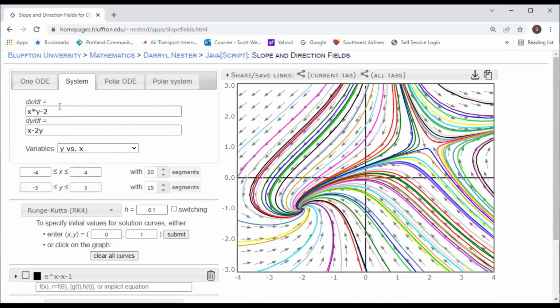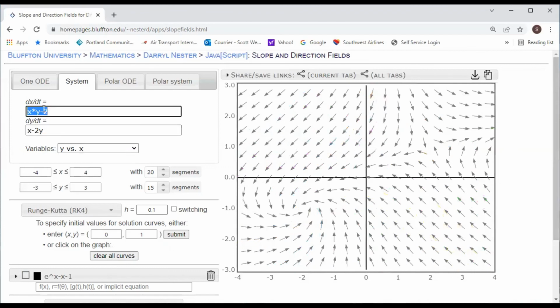All right, and for the final one, the predator, or not predator prey, the competing species model, that's going to be x times 1 minus x minus 1/3 xy, for the x.